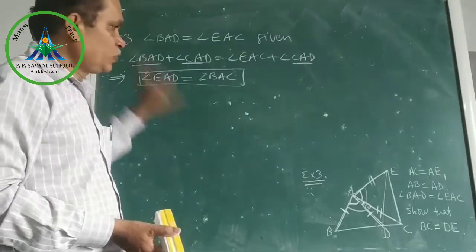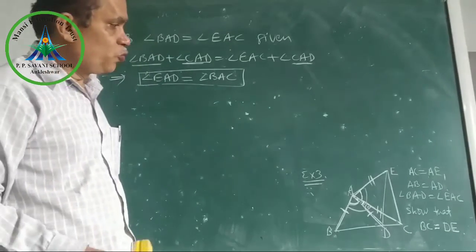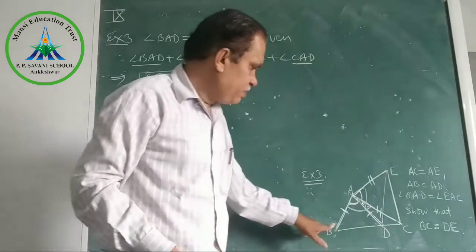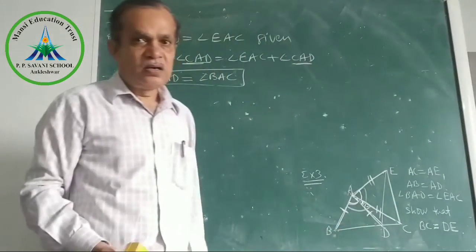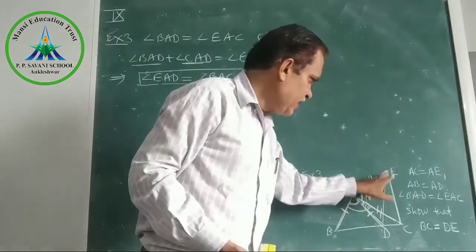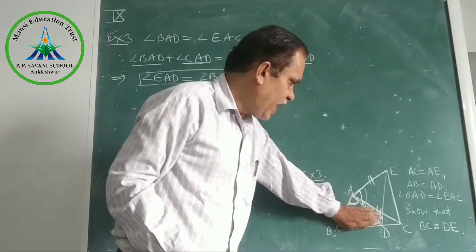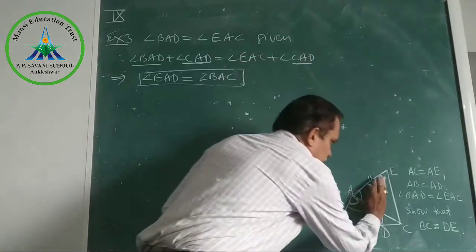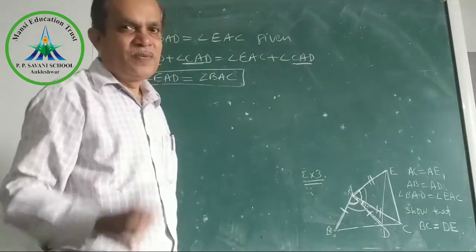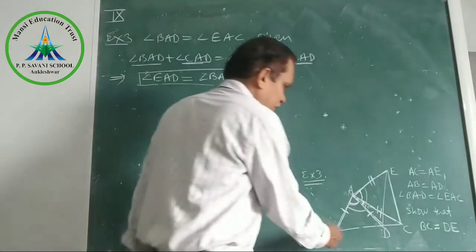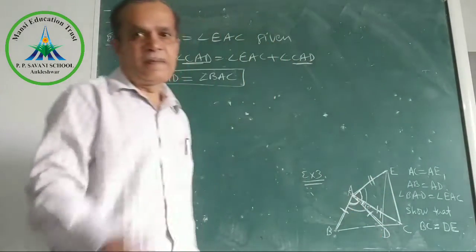Got it? Now see, we are asked to show BC equal to DE, and BC and DE are parts of this triangle and this triangle. So if we prove these two triangles are congruent, we can write BC equal to DE.